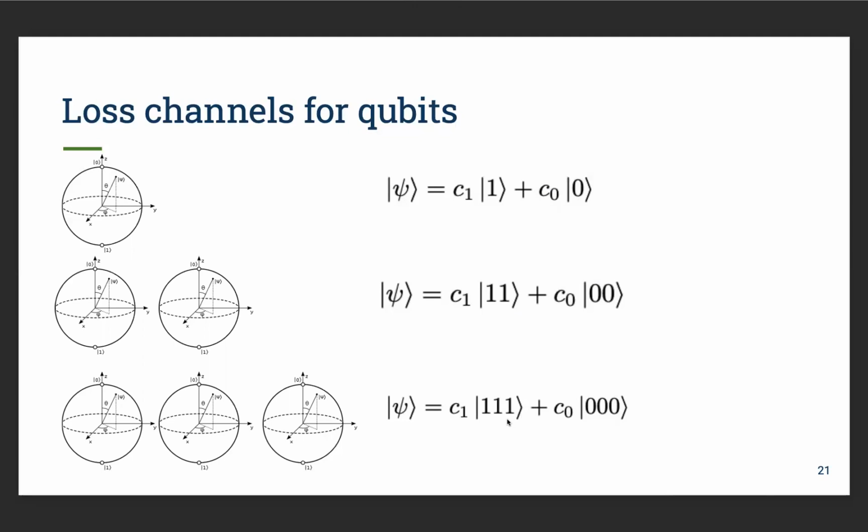So when the error happens, the state would be like 110 or something like that, unless you have correlated errors, where this might be affecting multiple qubits at the same time. But that's kind of another story.